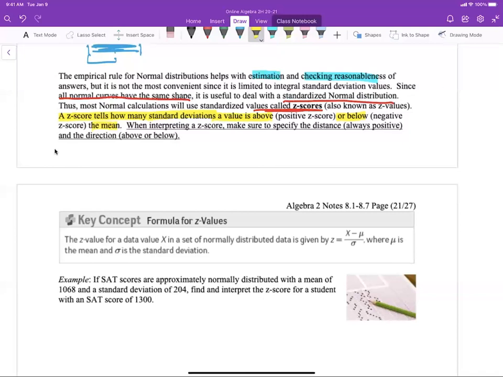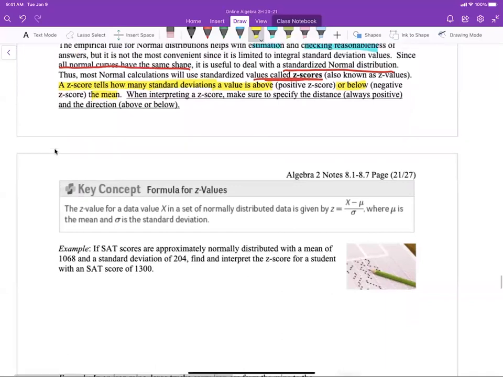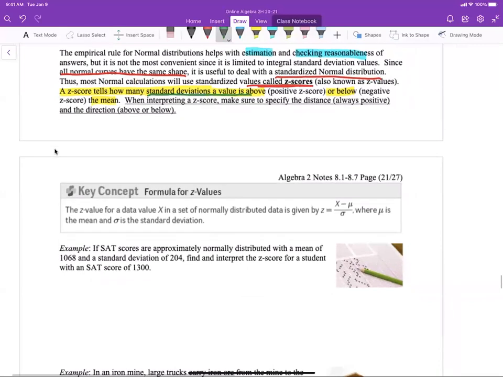And then we will tell, when we interpret it, whether that means we are below or above the mean. Okay, so here is the equation. Once again, a z-score tells us how many standard deviations we are above or below the mean.